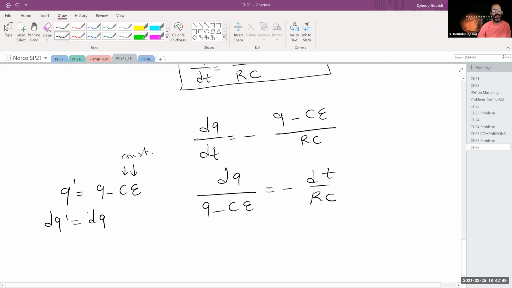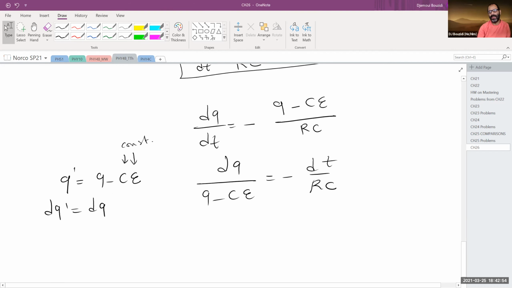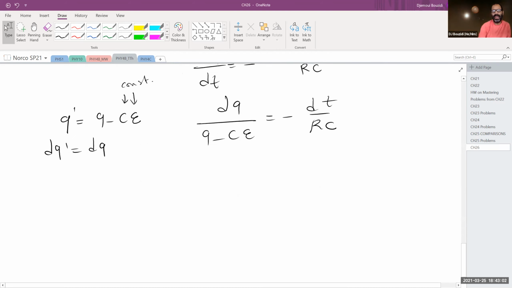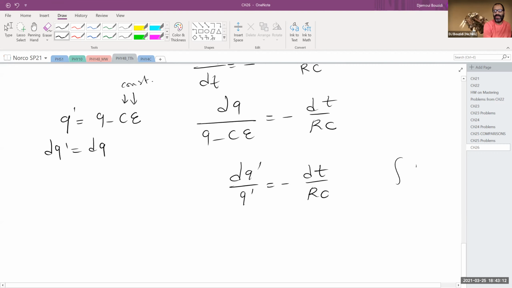So when I take the differential form of both sides, it's just the same thing. So this integral then becomes, this integral is easy because r and c are constant, so it's just the integral of dx, which is just x. Okay? So what I ended up with in this case is dq prime over q prime is equal to minus dt over rc.